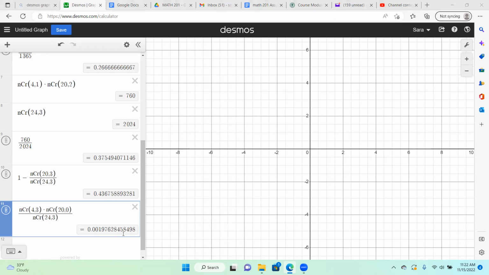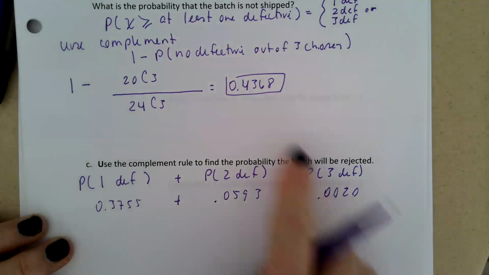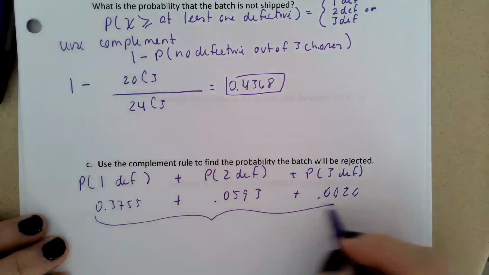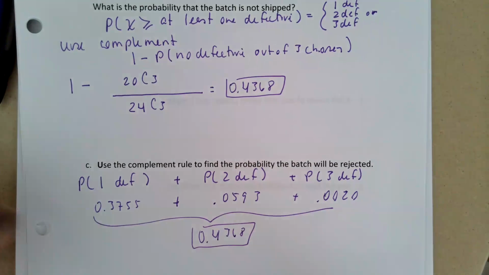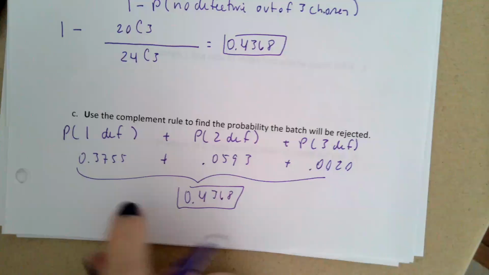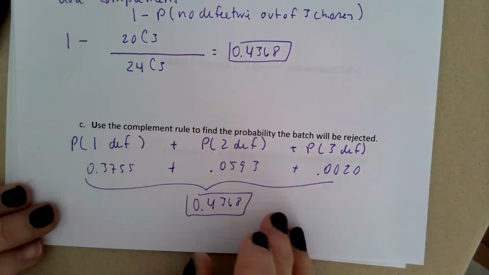And if we add these 3 probabilities, we can see that we get 0.4368.